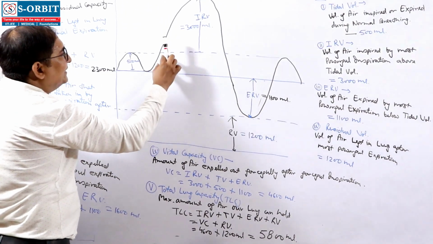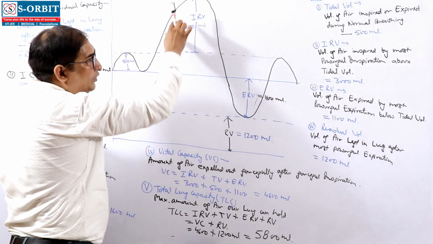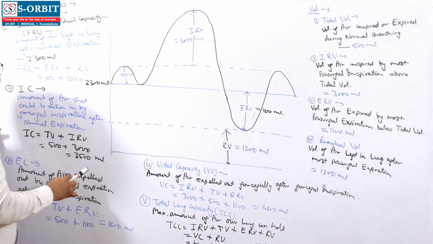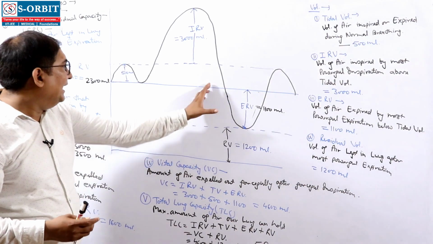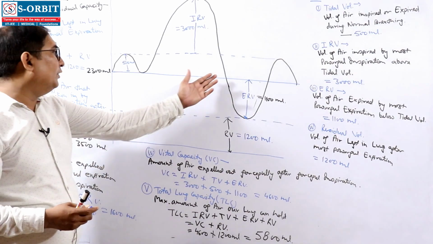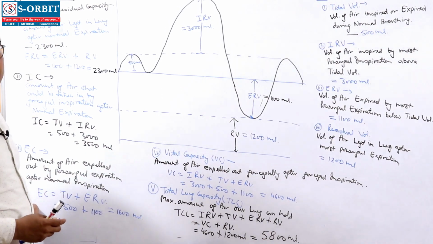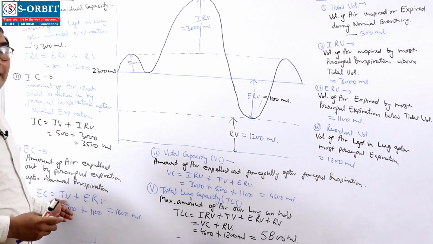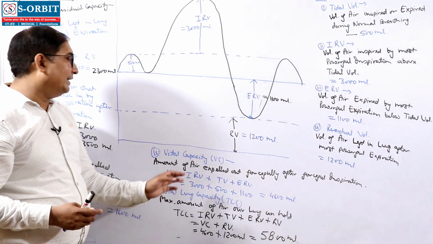So inspiratory capacity equal to tidal volume plus inspiratory reserve volume, which comes about 500 plus 3000 gives out 3500 ml. Next is expiratory capacity. Expiratory capacity is the amount of air expelled out by powerful expiration after normal inspiration. So expiratory capacity comes out to be tidal volume plus expiratory reserve volume, which is 1600 ml.